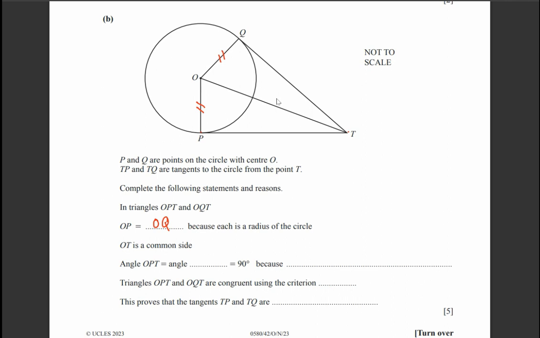Then OT is a common side. Then angle OBT equals which angle? OBT is equal to 90 because this is a radius and this is a tangent, so it equals OQT. So how to write the reason? We can say that the tangent is perpendicular to a radius.